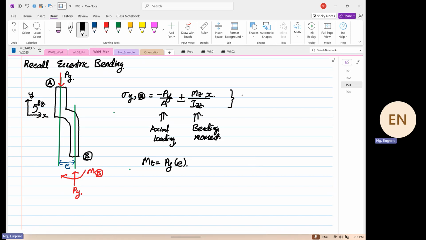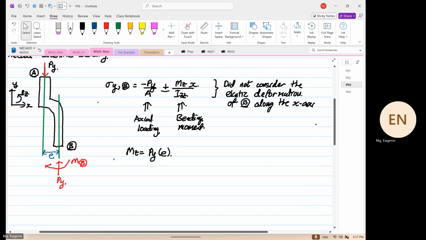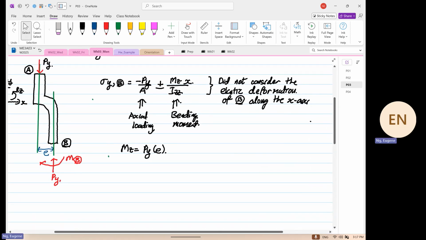We did not consider the elastic deformation of point B along the x-axis. Okay, we did not consider that.